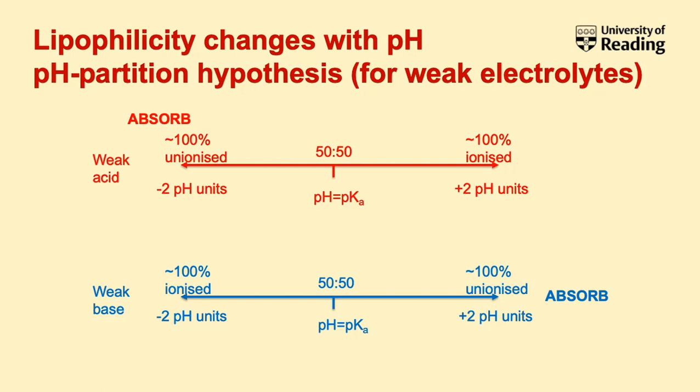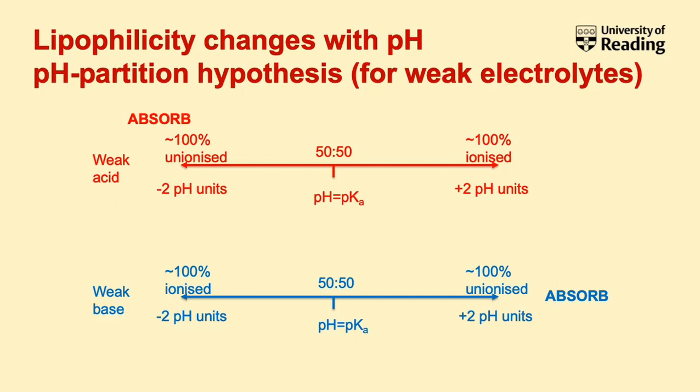So this is telling us where our active ingredient is more likely going to have a higher concentration of itself that is able to easily cross a membrane. So for a weak acid, you'd go for lower pHs, so maybe that would be preferred absorption, say, within the stomach.